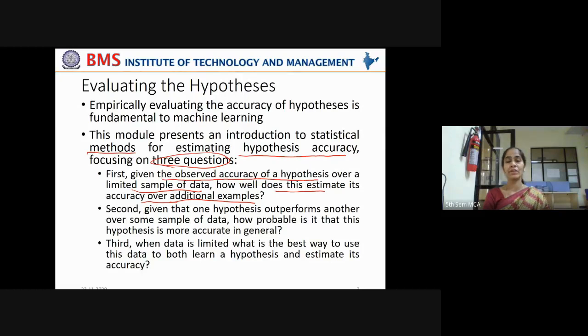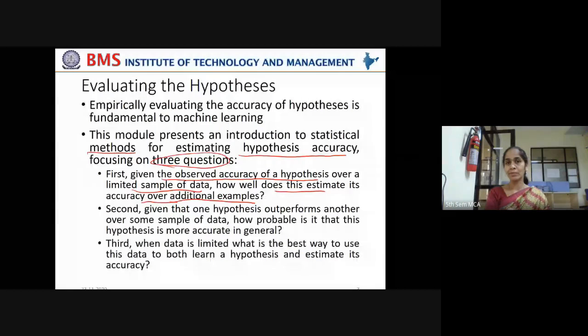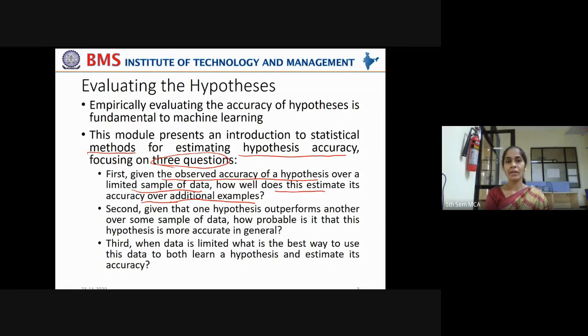That is the question, right? Your hypothesis fits your sample very well. Now, a new data point comes. Will your hypothesis apply to the new data point with the same amount of accuracy? That is the question.